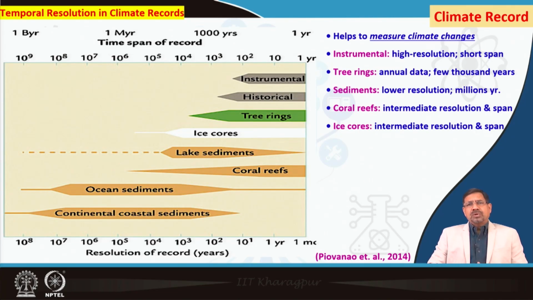So, ice cores, intermediate resolution and time span, including coral reefs, sediments, lower resolution in a kind of million years time span, tree rings in terms of annual, a few thousand years at best, and the high resolution instrumentation, since the past several decades. So, this is a kind of time span as far as the records are concerned from these different measurement protocols, from a methodological point of view.